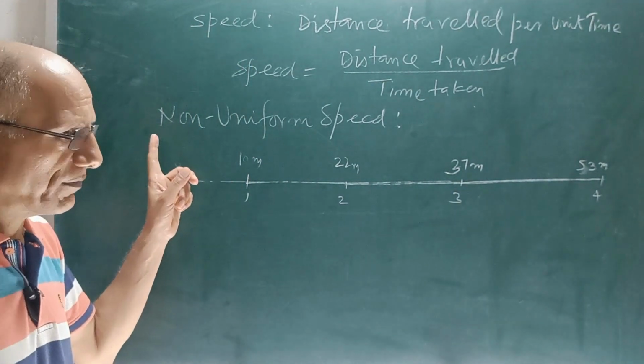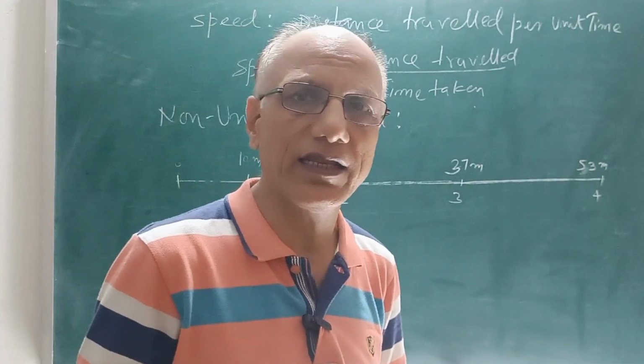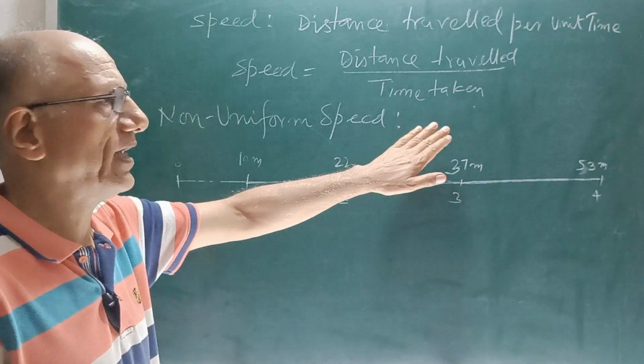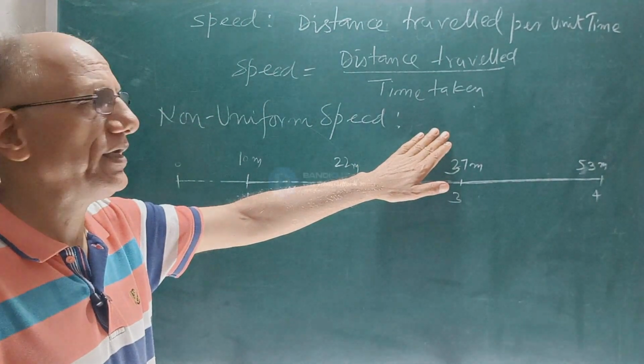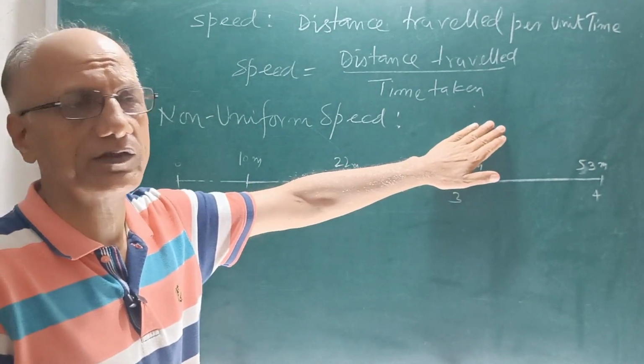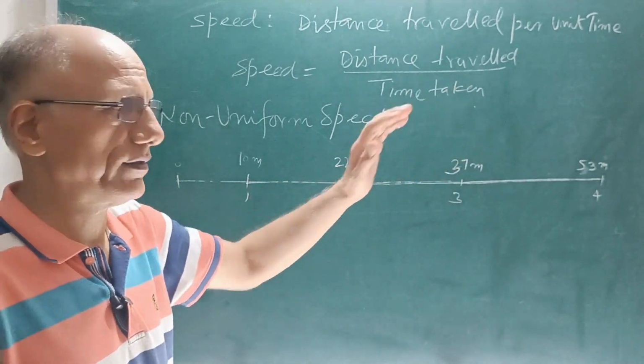So if a body covers unequal distances in equal intervals of time, then we say that the speed of the body is non-uniform speed and the motion of the body is non-uniform motion.